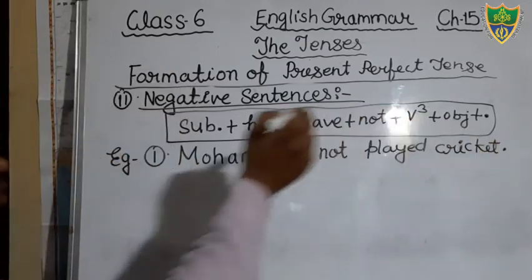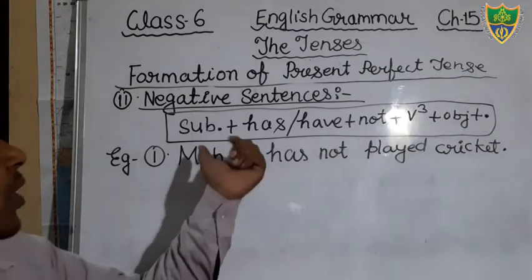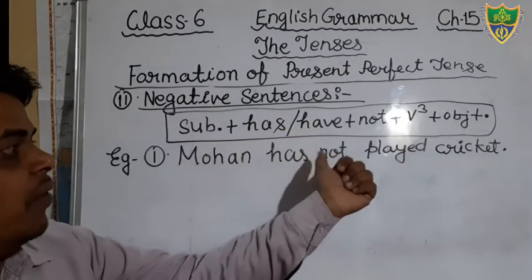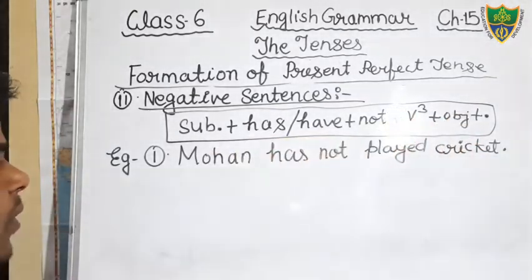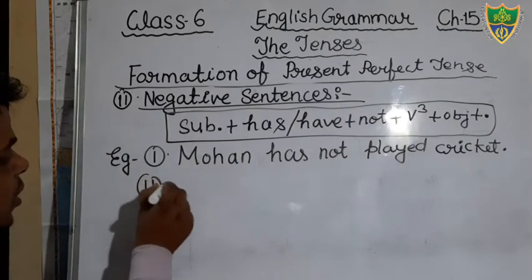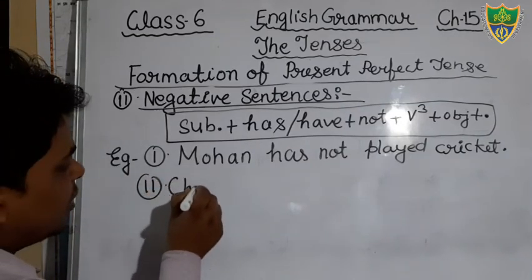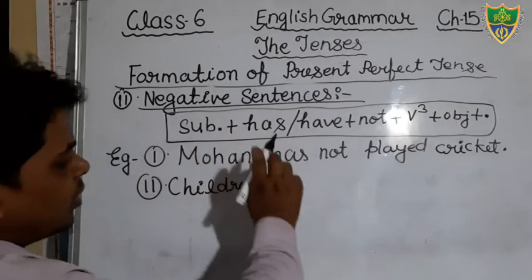Okay, so just see here. Mohan has not played cricket. We can see subject, helping verb, negative word, then after third form of the verb, then after object or complement. Okay, come to the next. Let's see. Suppose that I have written here the plural subject children. Then you will write the same.